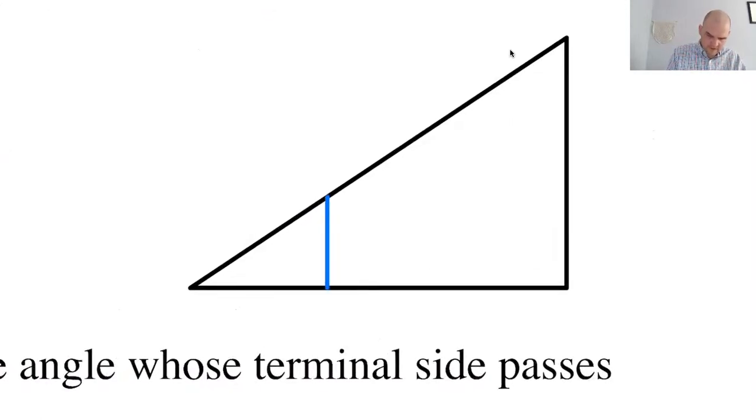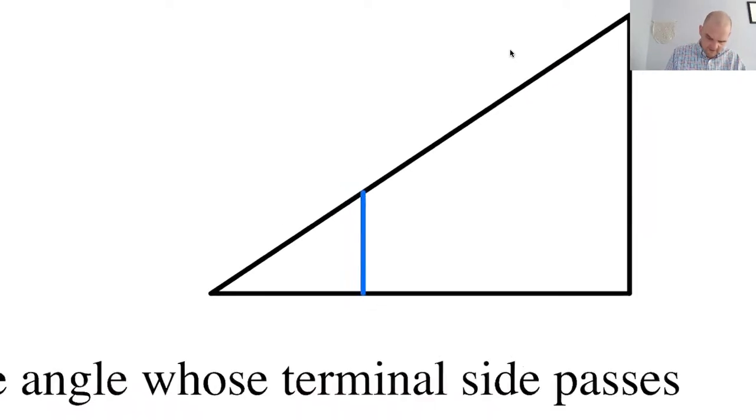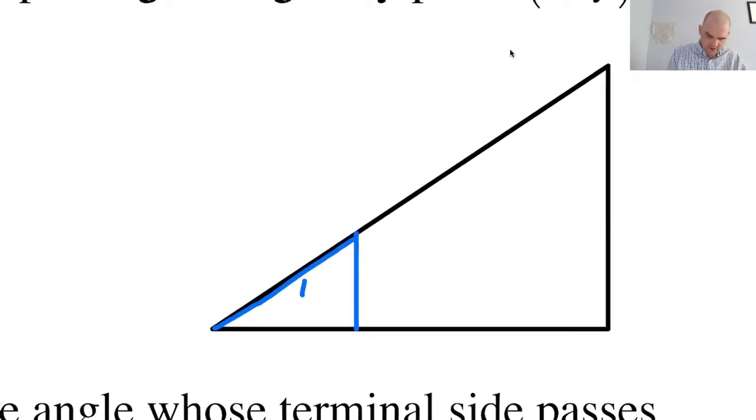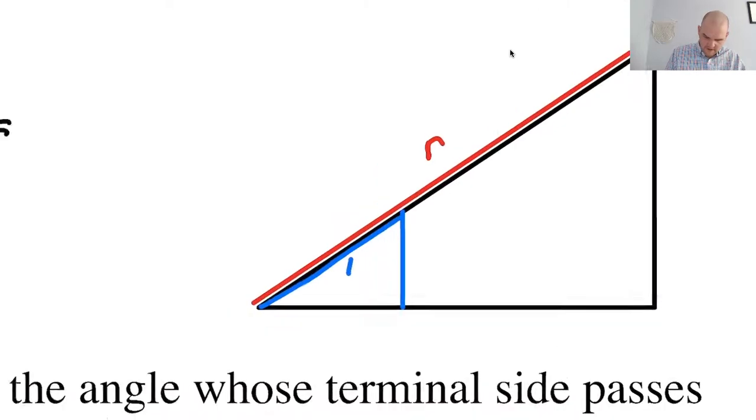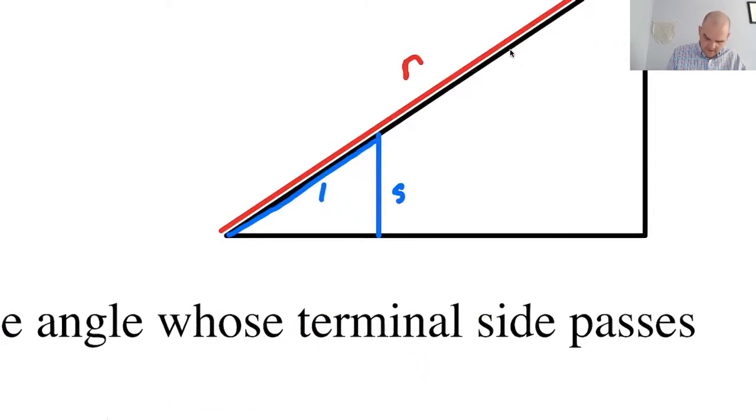There. Okay. So if this part right here is 1, and this part right here is r, and then this part would be sine of theta, and this would be cosine of theta.